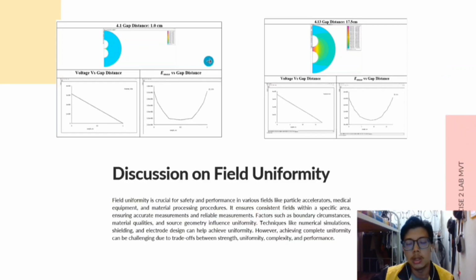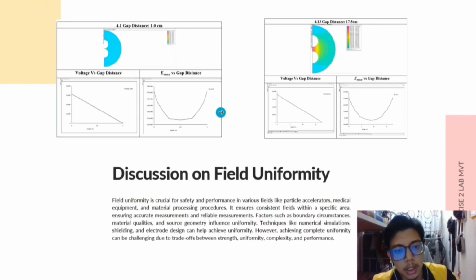So this is our difference between gap distance 1.0 and gap distance 17.5 here. As you can see, for the graph here, the graph is the same, but the value is different. For voltage, the graph is the same, but the value is different due to the applied voltage. For example, for 17.5 we apply voltage 362K, but for 1.0 it is 31.4K.